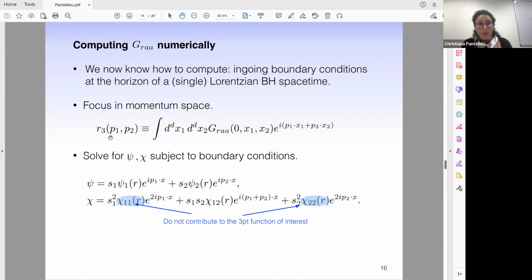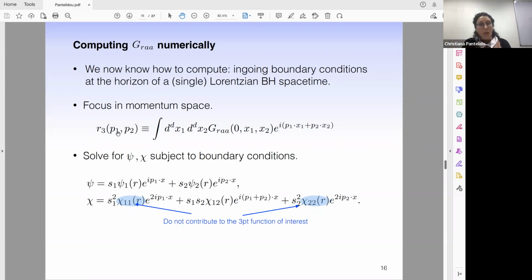Now, for convenience, we'll be doing this calculation in momentum space. So instead of considering GRAA, we'll be considering the momentum space version of it, which we denote as R3. And R3 is now a function of two momenta, P1 and P2.